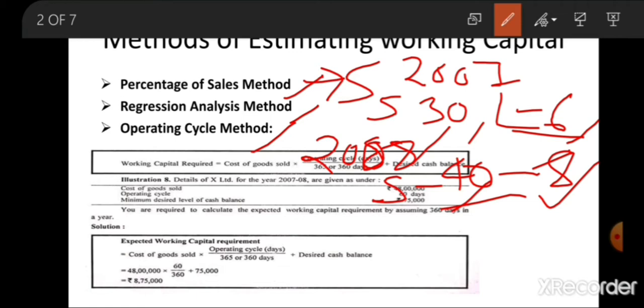In this way, you estimate the working capital requirement in the percentage of sales method, right? But this method is not applied in all cases, because a direct relationship between sales and working capital may not be established, right?